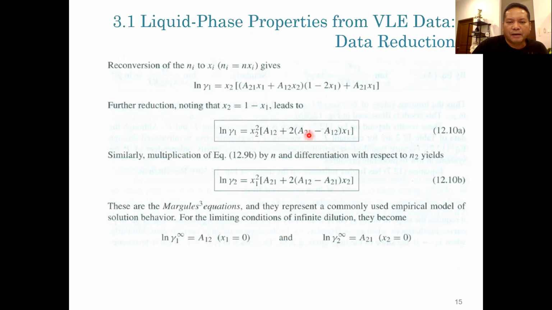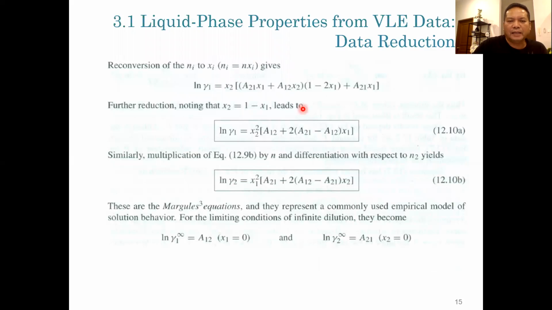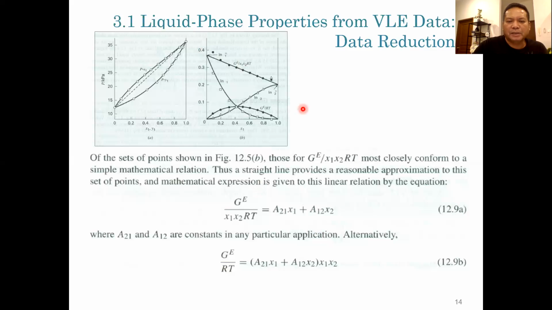This will be much easier to determine ln gamma 1 and ln gamma 2. So it's not infinite anymore. We can estimate when it's pure species. Remember, over here it's pure species 2 and this is when it's pure species 1.